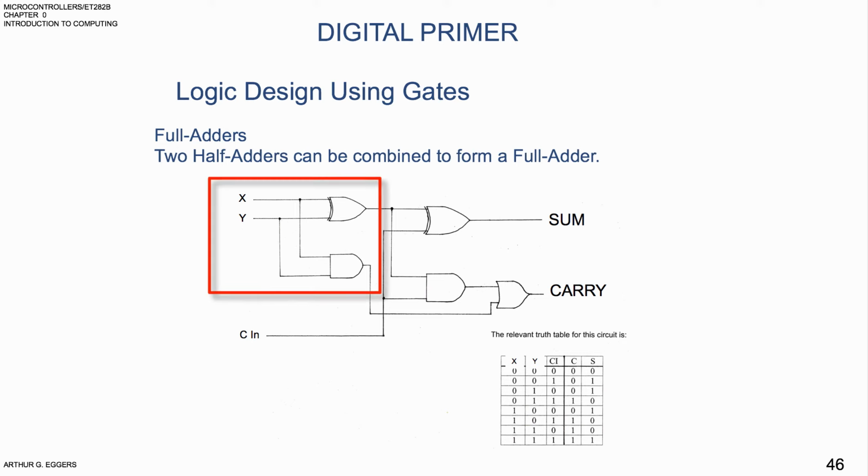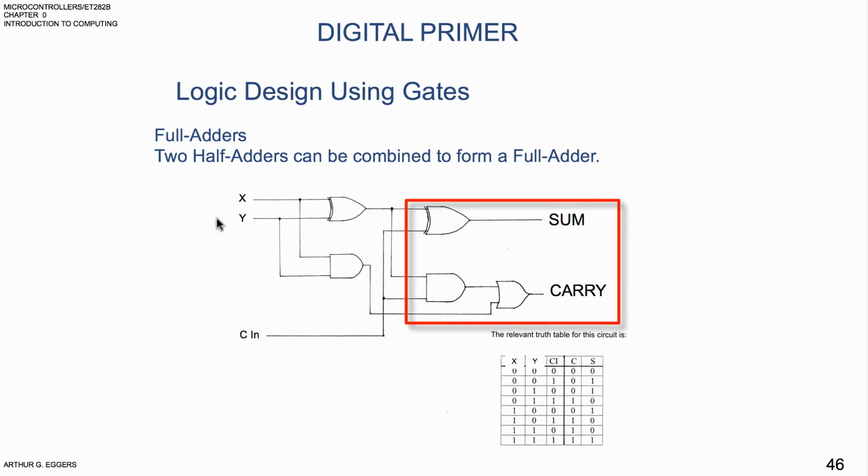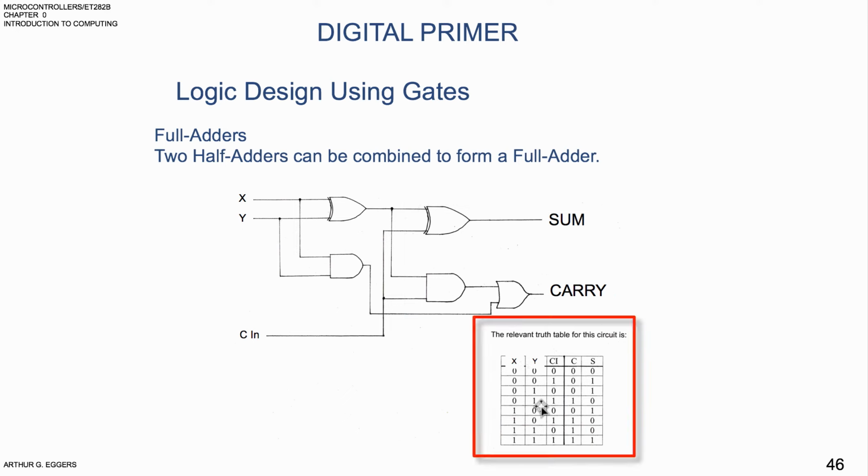The best way to understand this is to look at the relevant truth table. So you can see your inputs X and Y and your carry. You can go through and trace this through with zeros and ones to verify what the outputs are at any of the inputs of the carries, and then verify what happens at the sum when you are adding these values together.